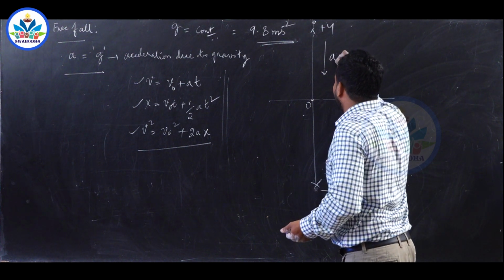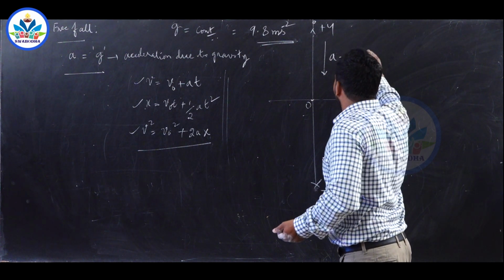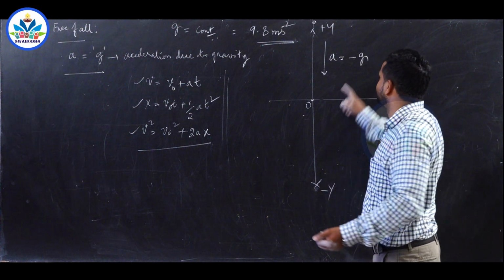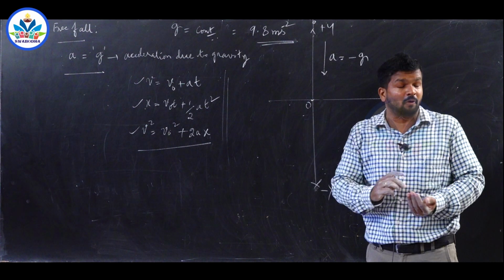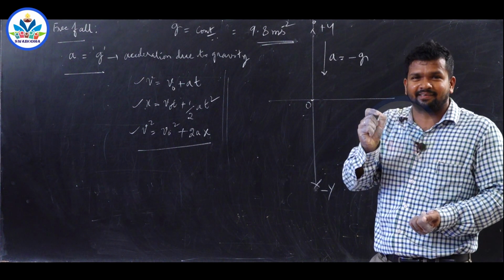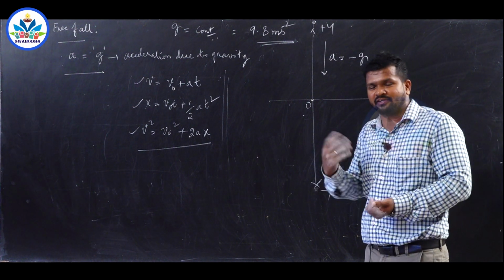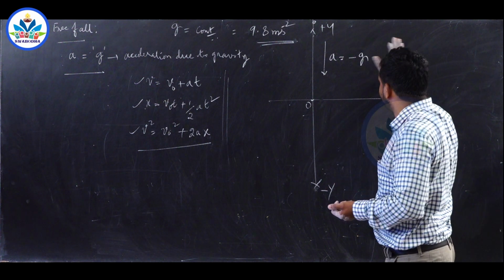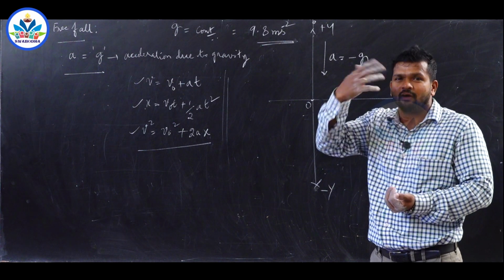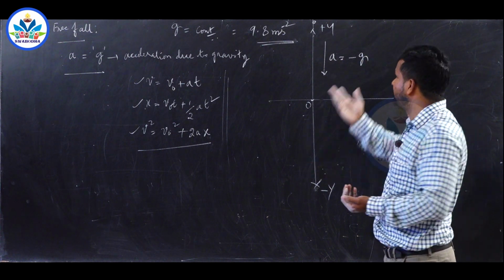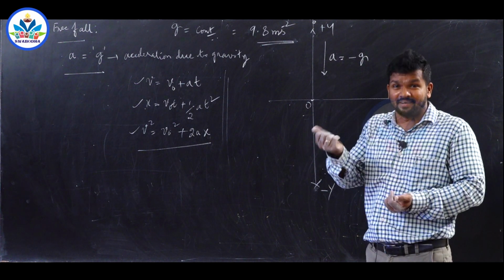Therefore, acceleration a equal to minus g, because negative direction. In one dimensional motion we are not going to write vectors with the vector notation. As I mentioned at the beginning itself, we are going to use plus and minus signs. Plus means forward or upward direction, minus means backward or downward direction.